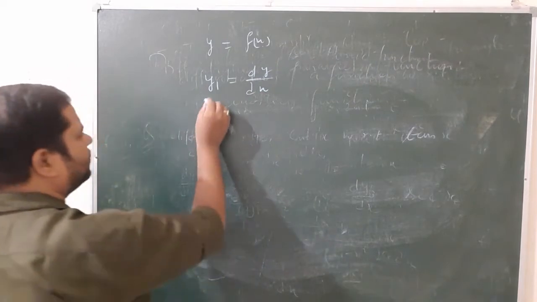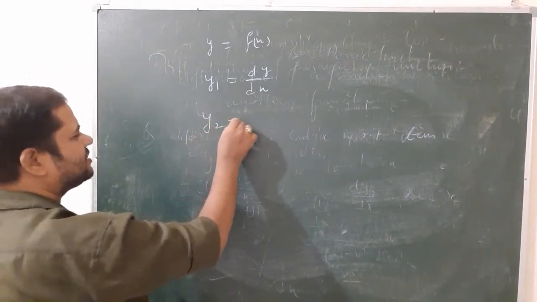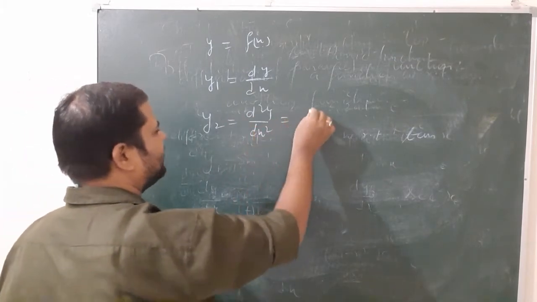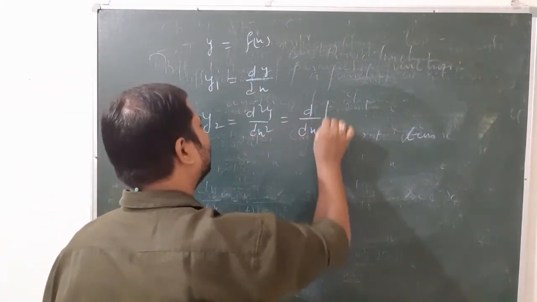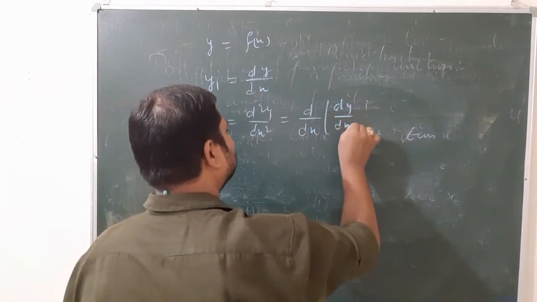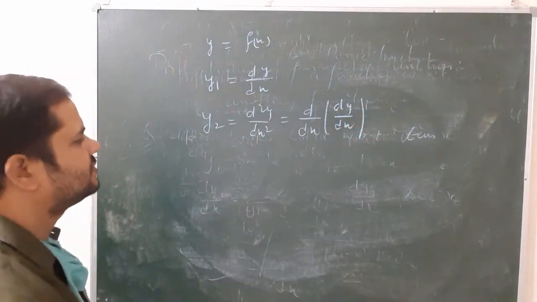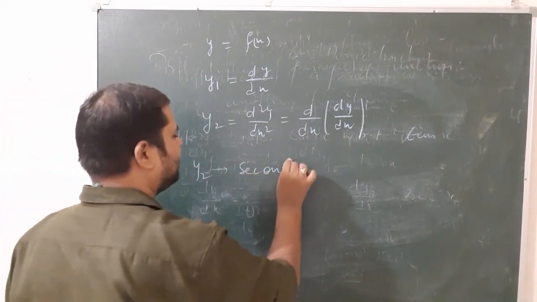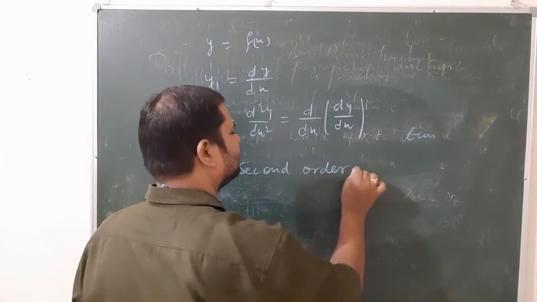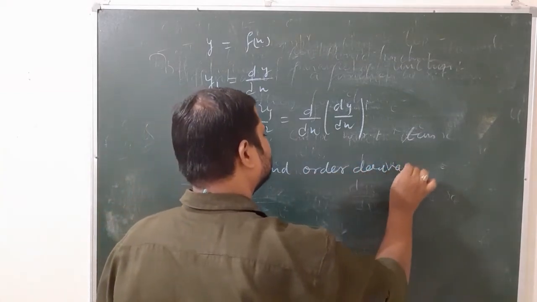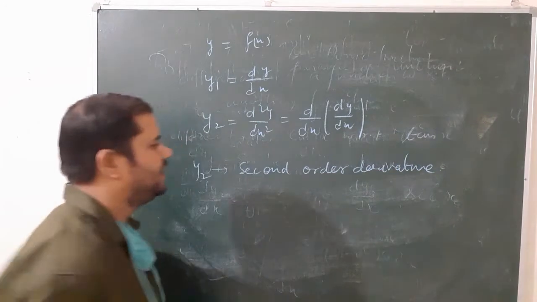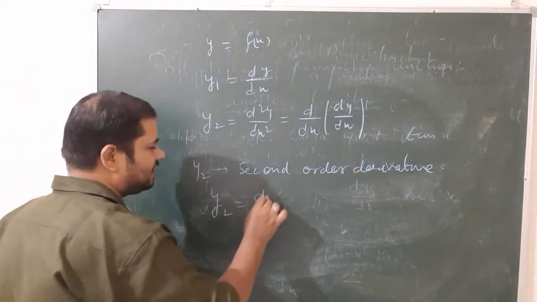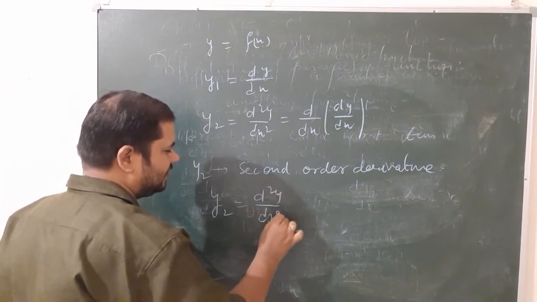So y1 is first order, y2 means d2y over dx2, this is the second order derivative. This means d by dx of dy by dx. So y2 is nothing but the second order derivative, d2y over dx2.